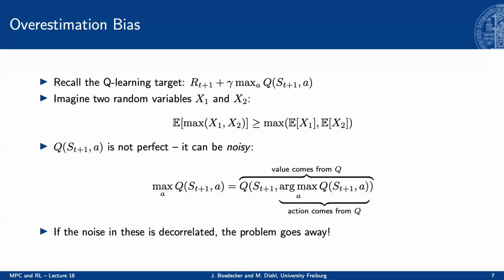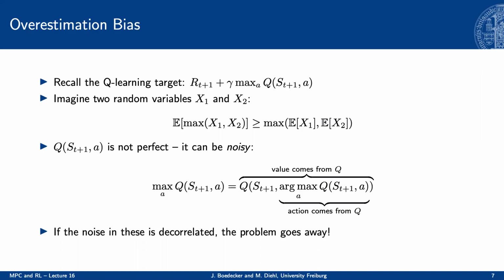It contains noise, and then here, you say that, well, in order to compute the max over actions for the Q at st+1, what you do is you take the Q value for that state, and you put in the argmax of this Q function.